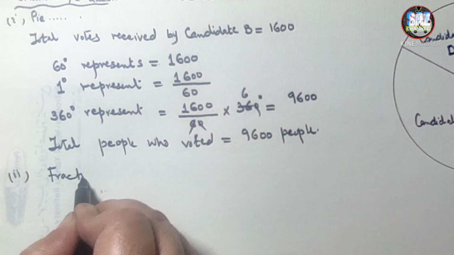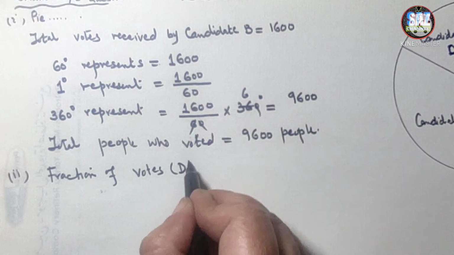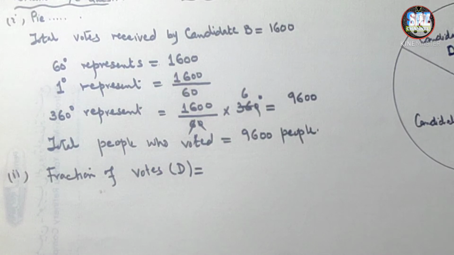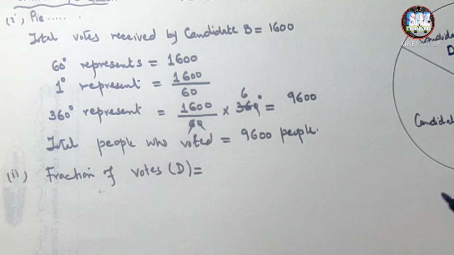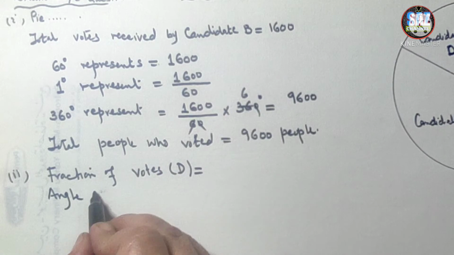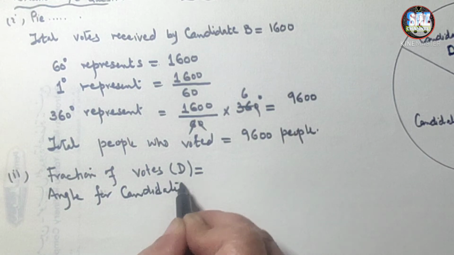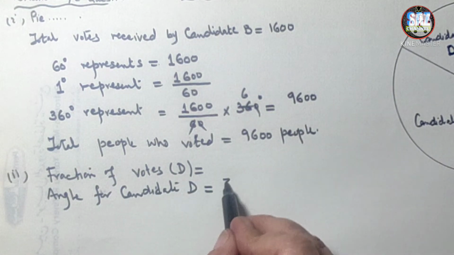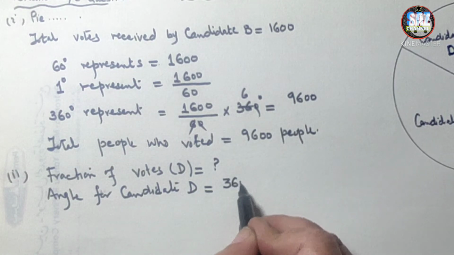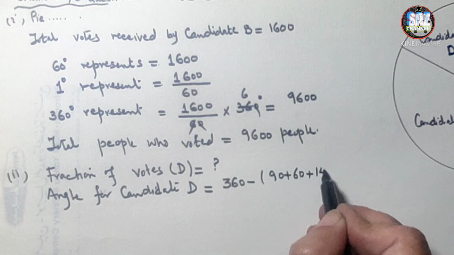Fraction of votes for candidate D. Now look, in the beginning these degrees were not given, so first of all we have to find the angular turn, that is how many degrees are for candidate D. So the angle for candidate D equals 360 minus 90 plus 60 plus 144.